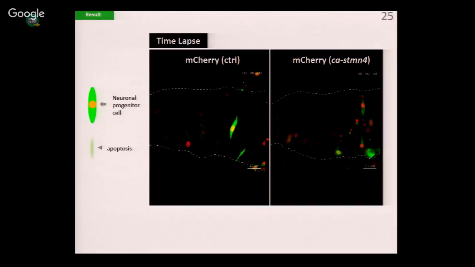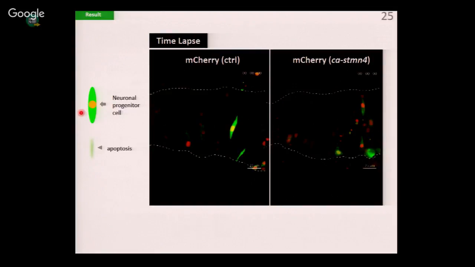The green fluorescence represents cytosol, which represents live cells, and the red fluorescence represents expression of STEM4. As we know, red plus green will become yellow. So when STEM4, which is red, shows up in the same place as cytosol, which is green, the nucleus will become yellow.